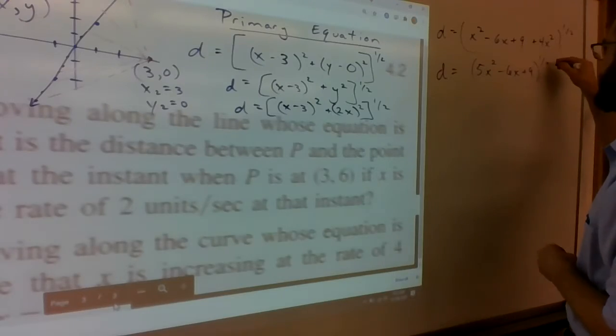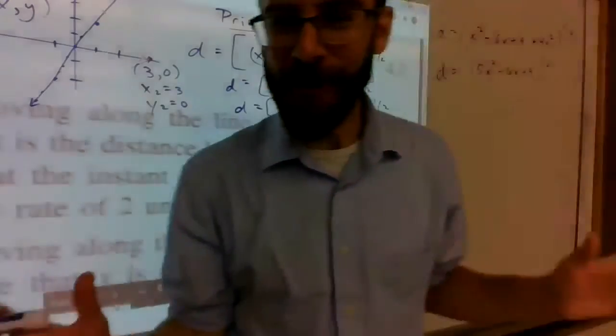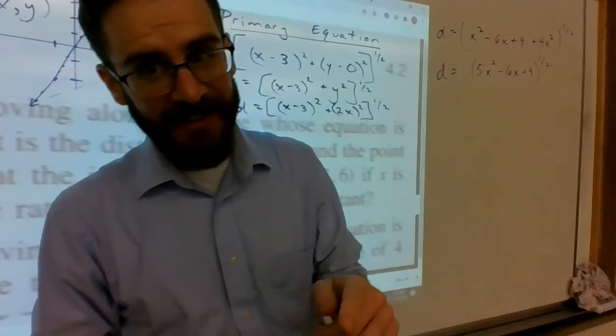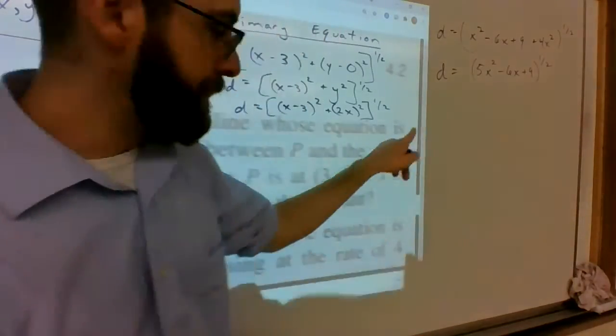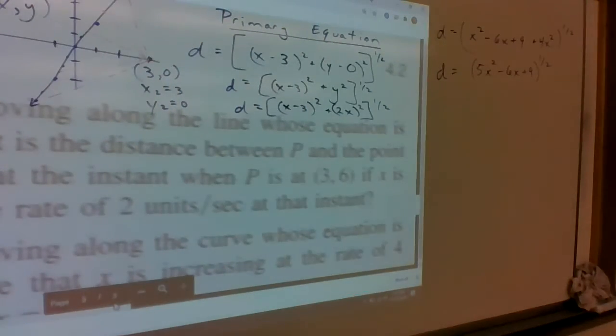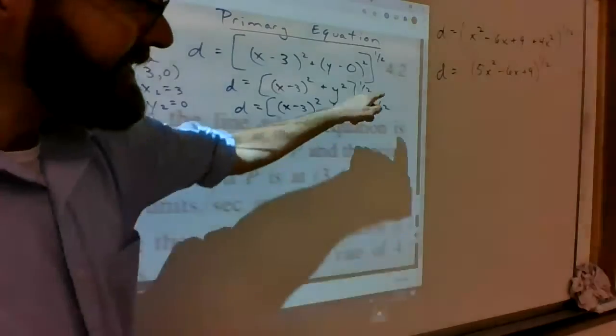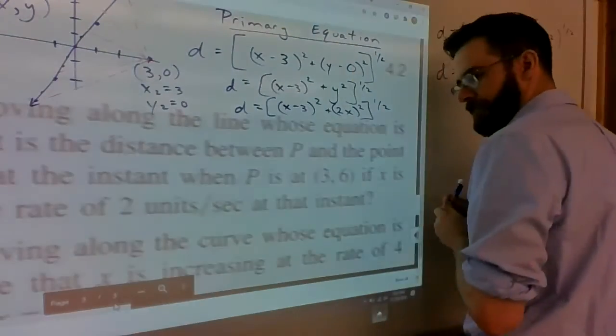And we finally can take the derivative of this function because we're looking for the rate at which the distance is changing between the 2 points, which is d/dt.